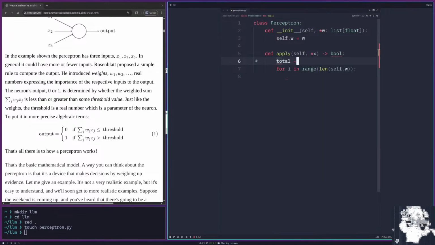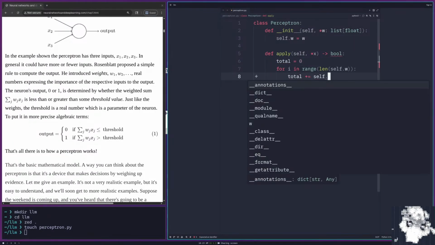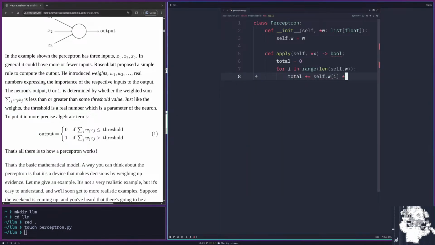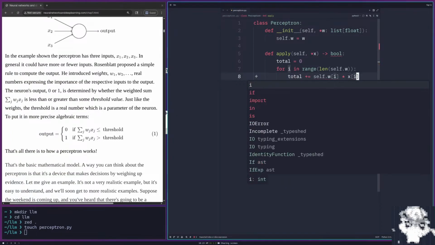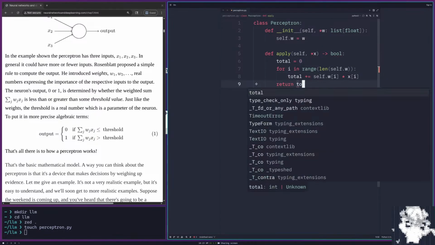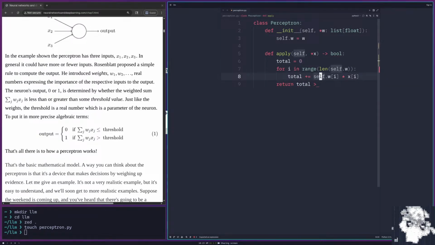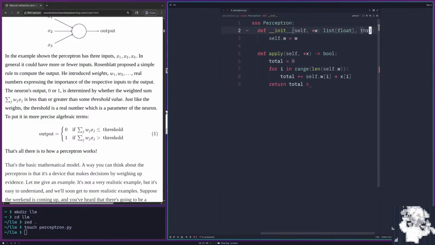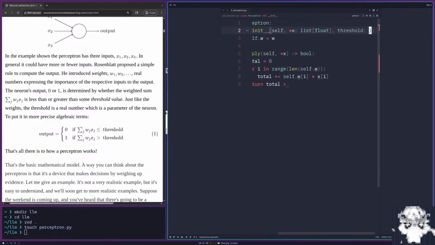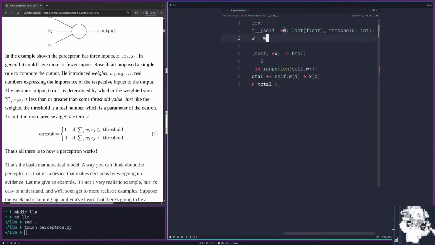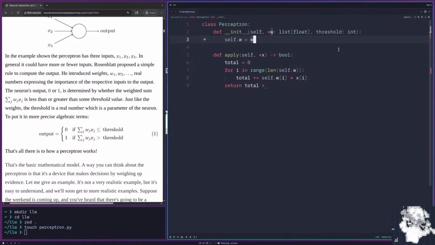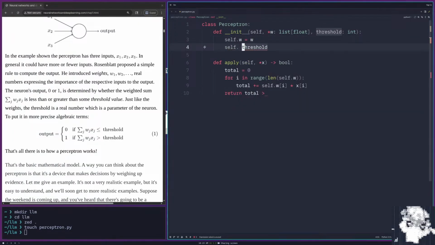We've got a total, so total equals 0. Total plus equals self.w at i times x at i. Return total is greater than threshold, so we also needed threshold up here. Self.threshold. So that's our perceptron.